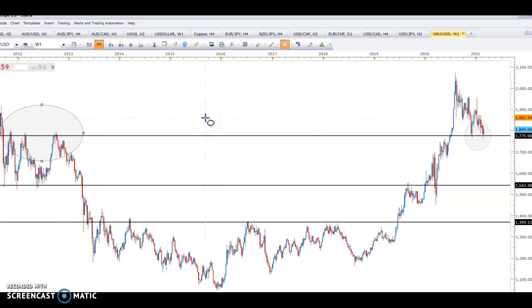Once price breaks through a previous resistance area, as 1775 was, then it becomes a support area. This is now bouncing off a support area. But this is significant and a potential another move upwards.